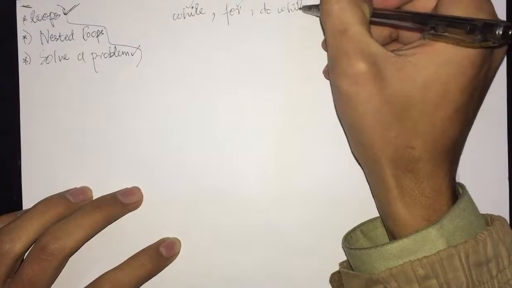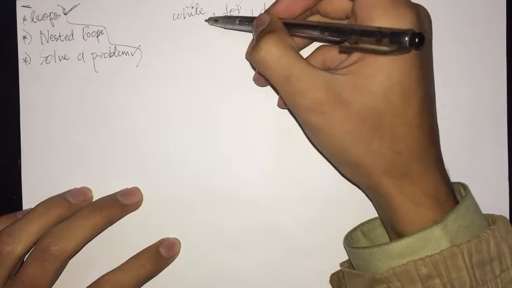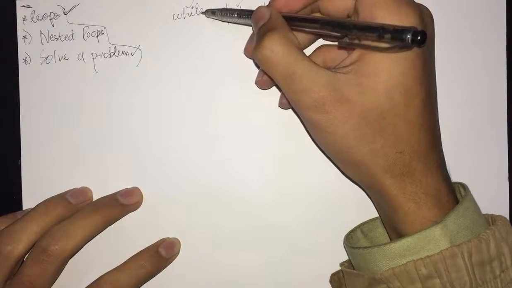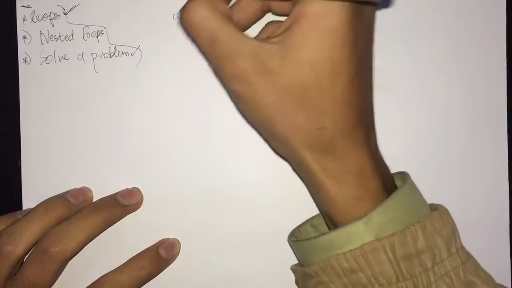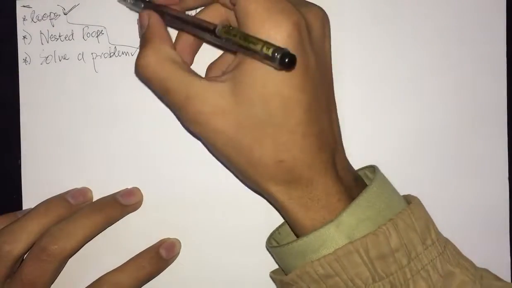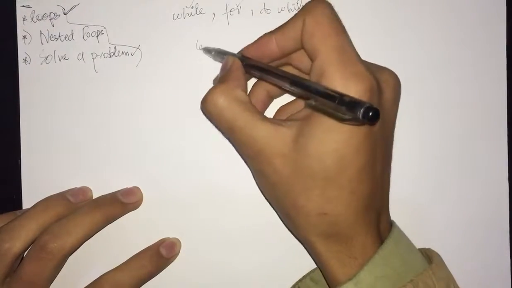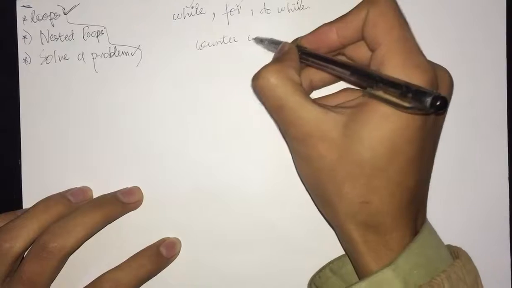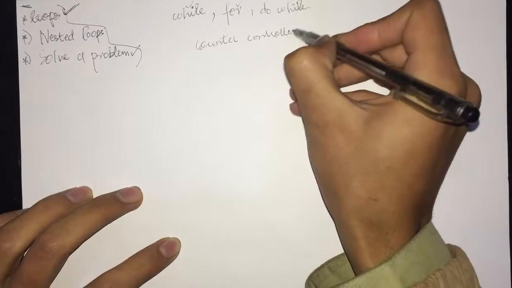And then in while loop there are also certain categories, the subtypes of while loop. We have counter controlled while loops.